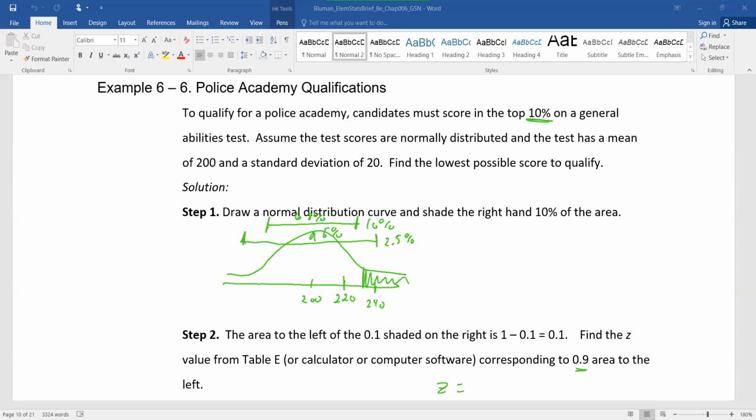There we go. Okay, but what's the z-score that corresponds to that? Remember, always look at the greater number if you're between two things.